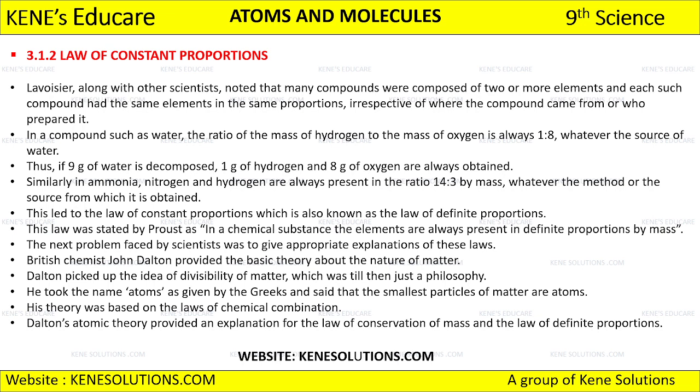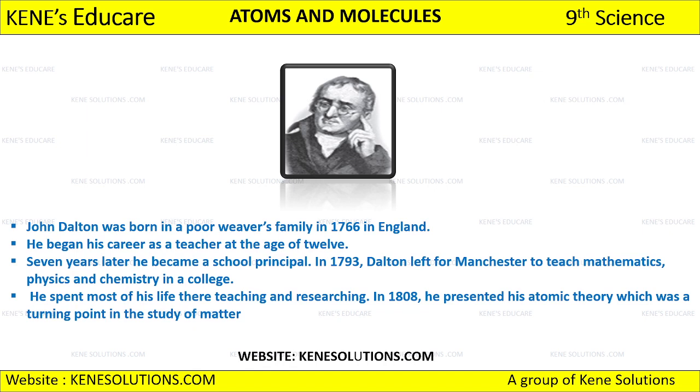After this, we discussed John Dalton. He was born in a poor weavers' family in 1766. He started his teaching career early, at the age of 12, and further became the principal of a school. Then he moved to Manchester to teach mathematics, physics, and chemistry to college students.